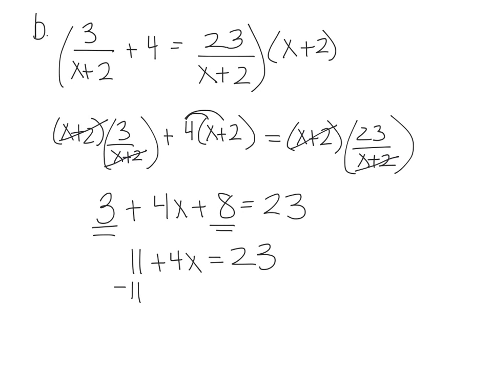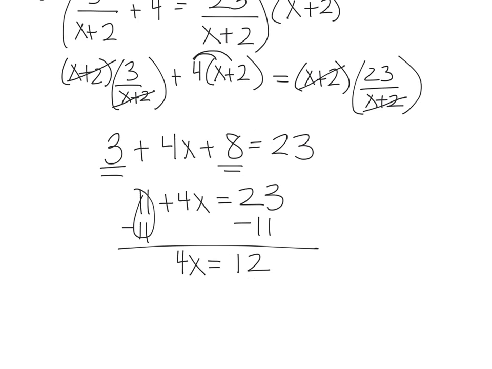Now I'll subtract 11 on both sides to isolate my x variable. And I have 4x equals 23 minus 11, which is 12. Lastly, I'll divide both sides by 4 to get the x by itself, and I get x equals 3.